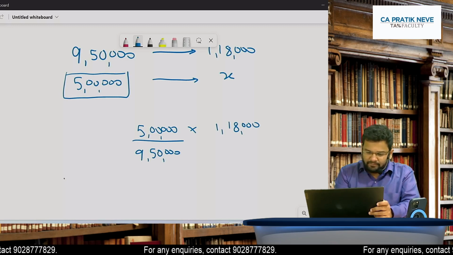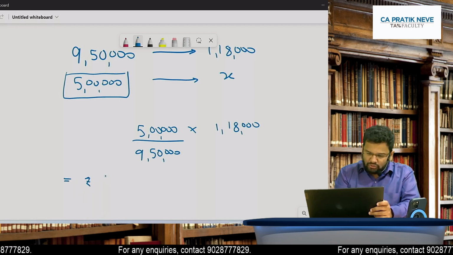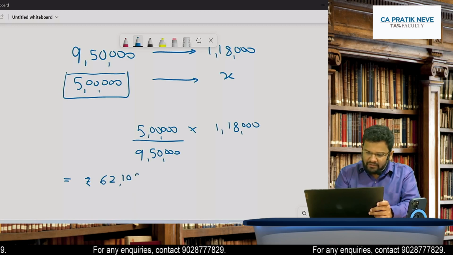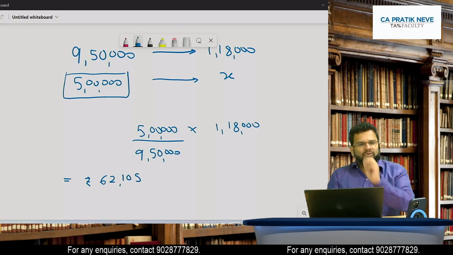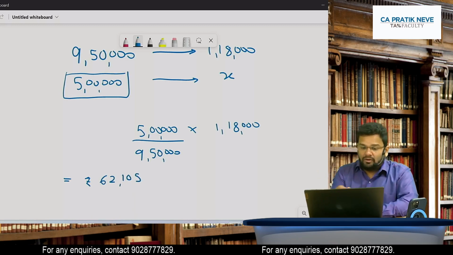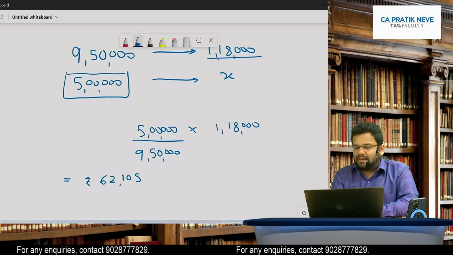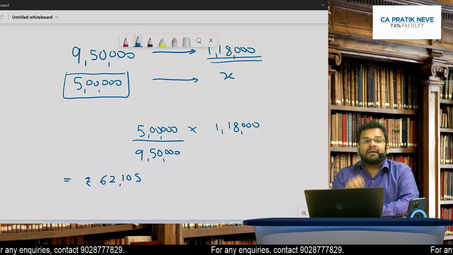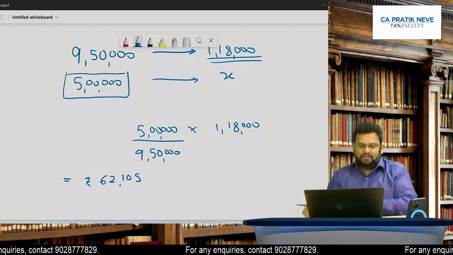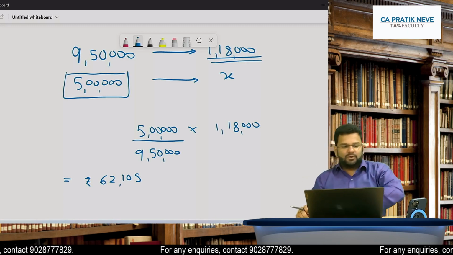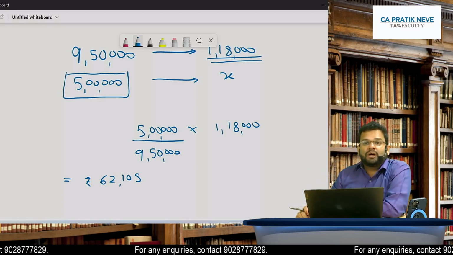Very good. It is 62,105. I have done nothing. For 9,50,000, if credit is 1,18,000, then for 5 lakh, the credit should have been how much? Proportionate basis. Did you understand? It should have been 62,105.